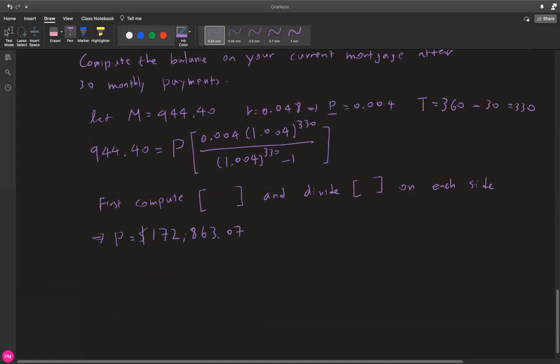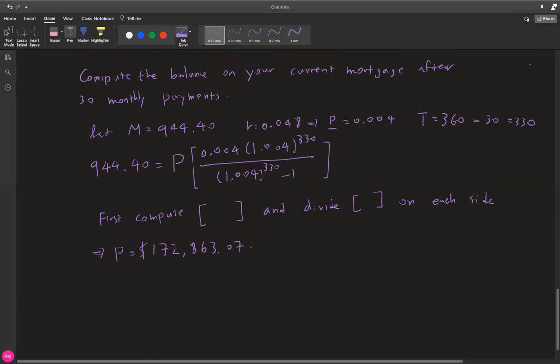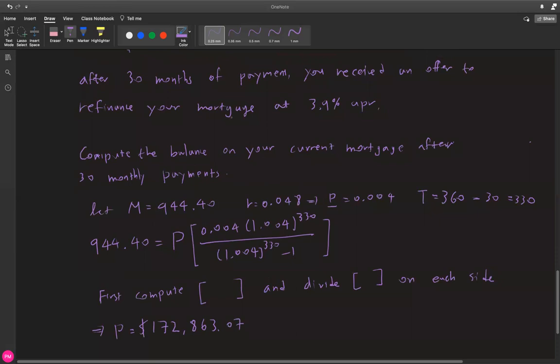So this P that we just found is your current balance. In other words, this is the money that you still owe, that you still have to pay back over the period of 330 months. So now that we know this number, we know everything we need to calculate if refinancing makes sense.